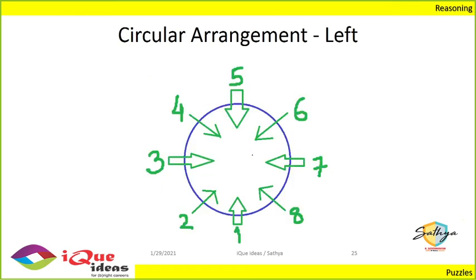Now, in a circular arrangement, always place the first person at the bottommost position. And I'll tell you why. In a circle, we assume that everybody is facing the center, right? Now, if you take a look at person 5, can you tell me who is sitting to the left of 5?